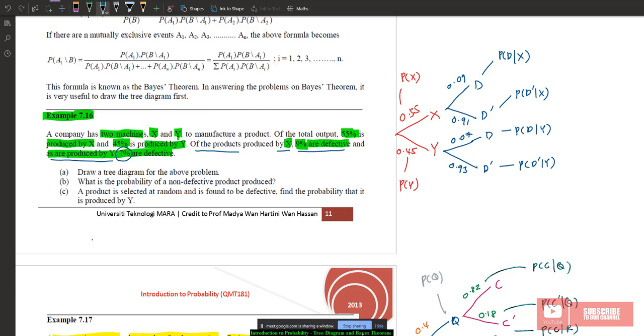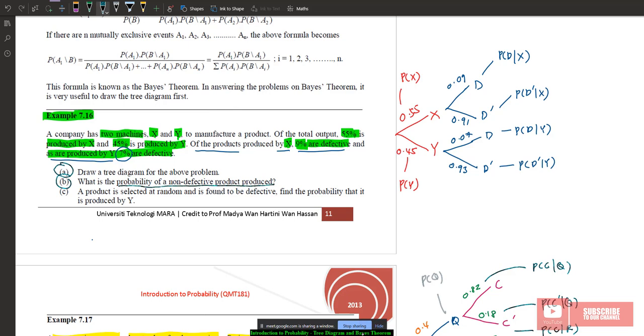We already know the company has two machines, X and Y, right? The probability of a product produced by X being defective is 0.09. The probability of a product produced by Y being defective is 0.07. So this is a tree diagram. We already answered the first question. Now we want to know the probability of a non-defective product.